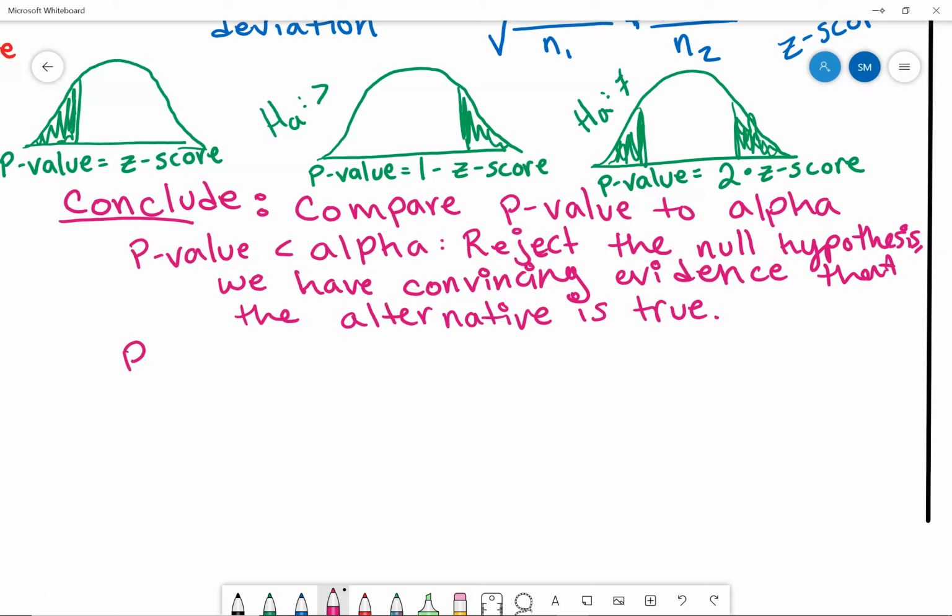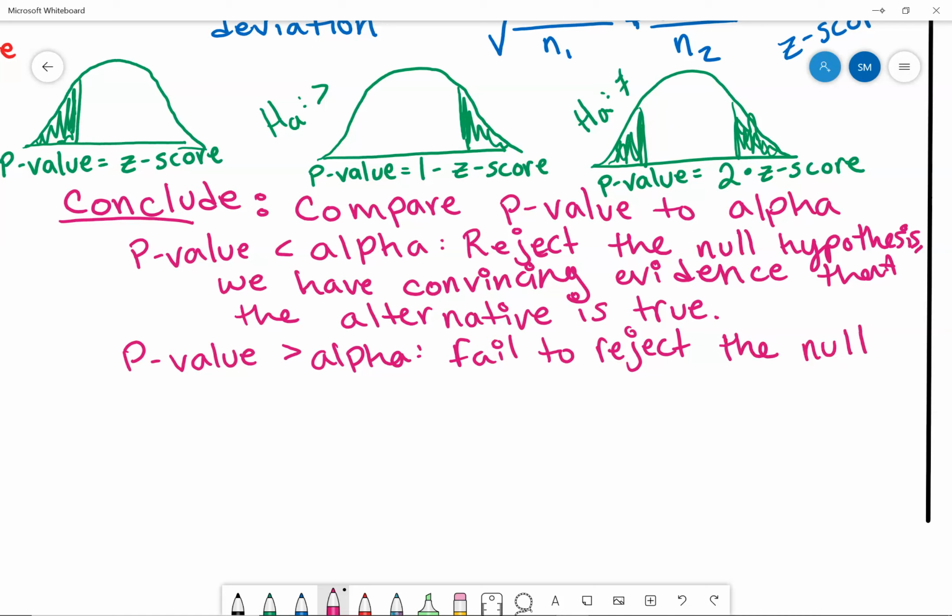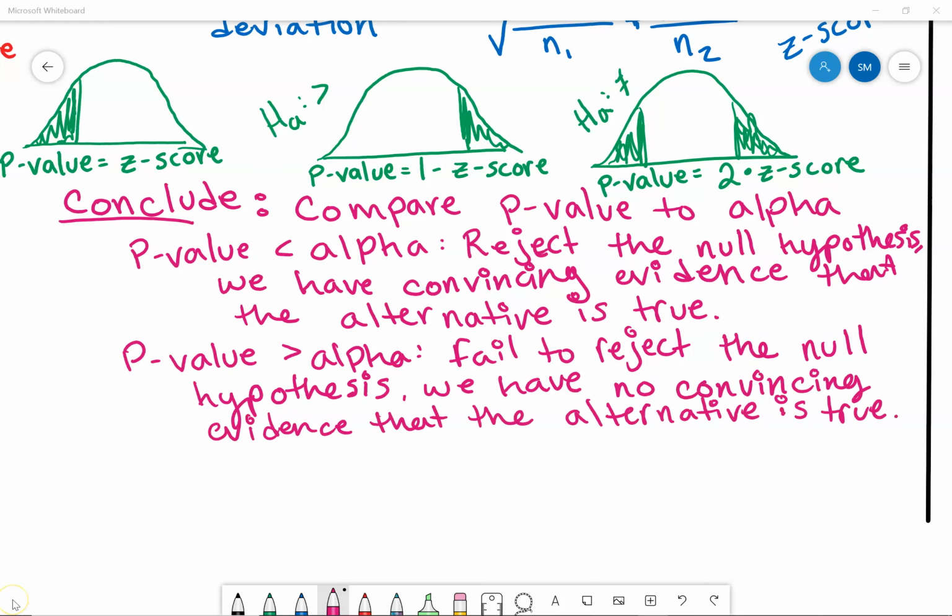And then if the p-value is greater than alpha, then we fail to reject the null hypothesis. We have no convincing evidence that the alternative is true.